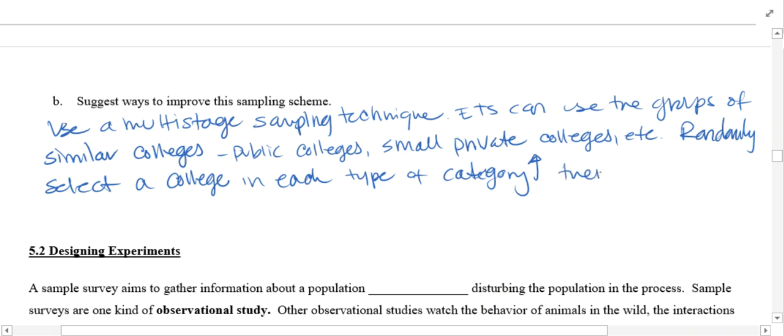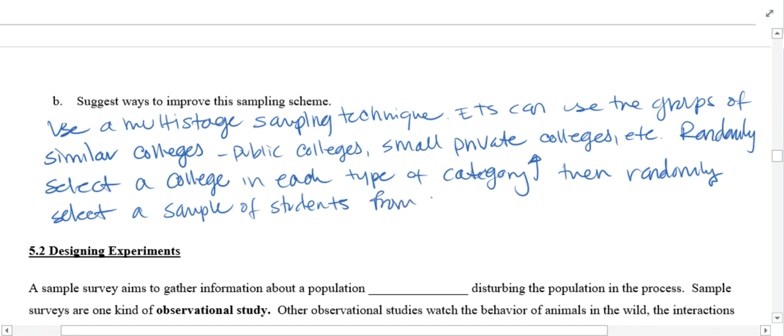And then after you do that, randomly select a sample of students from those colleges. From the chosen college. So whatever you randomly select that college, then randomly select a sample of students.